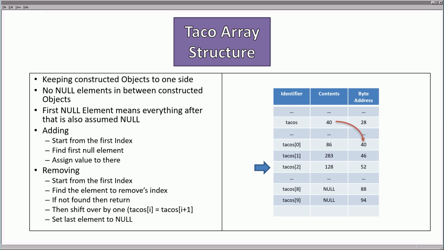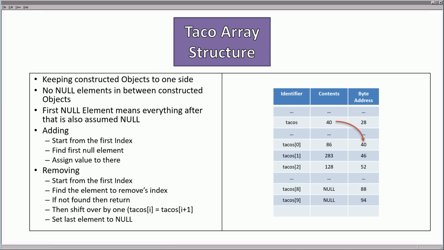Let's assume that it's constructed at memory address 128. Now keep in mind that everything after this, we can assume these values represented here are null. This means tacos at index 3 is null, and everything past that is also null. This keeps all of the constructed objects to one side of the array.